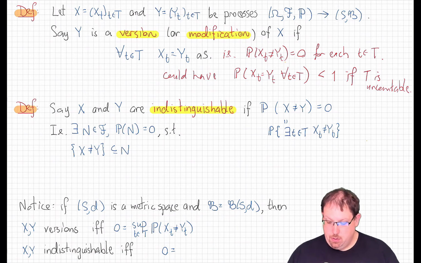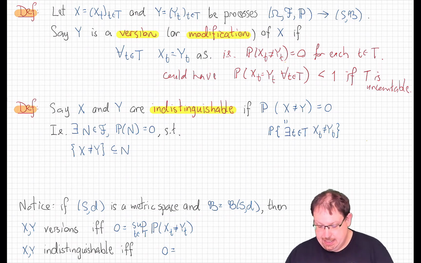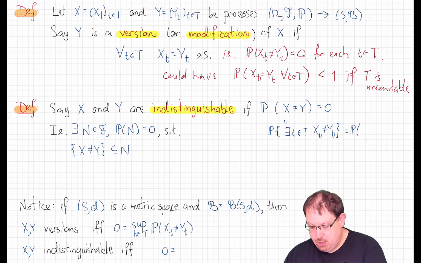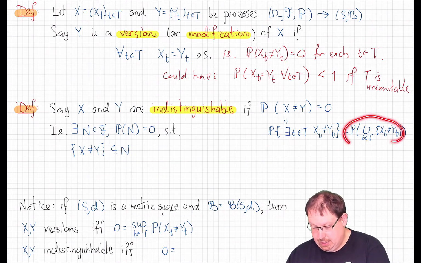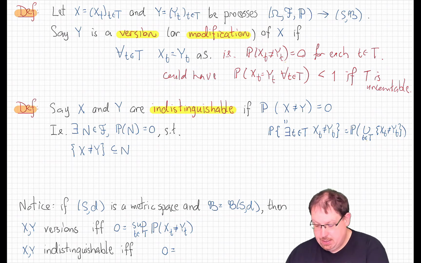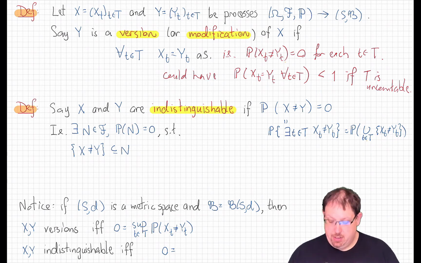Now, notice that what that is saying is exactly, we're taking the probability of the union over all t of the event x_t not equal to y_t. And now we have a bit of a problem. If t is countable, then this is just less than or equal to the sum of the probabilities of those events, and we get back to where we were with versions of each other, because probability measures are countably additive objects.